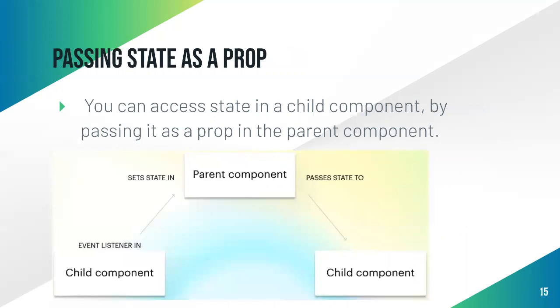And then passing state as a prop. This is a problem you'll eventually run into, either in this project or on your actual nonprofit project team. Sometimes multiple components need to reference the same state.